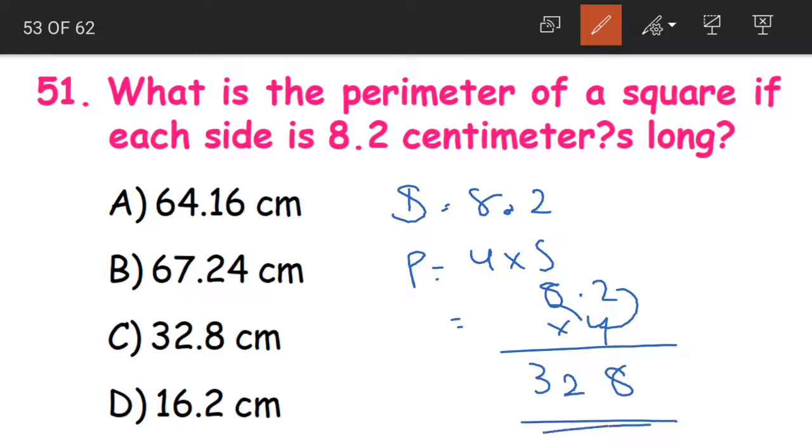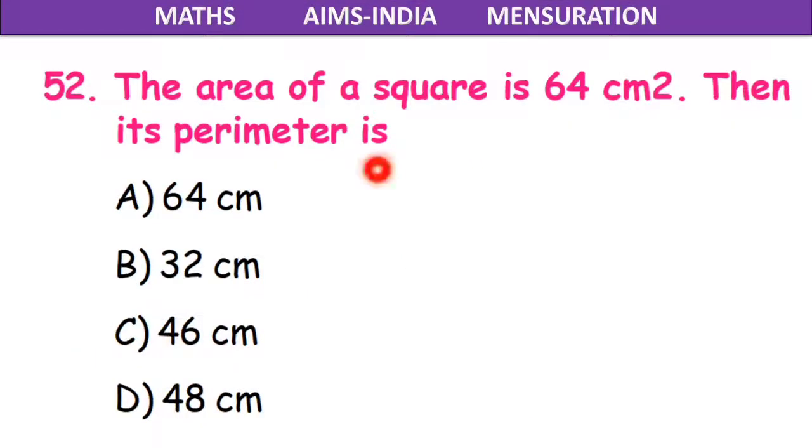Now what should we do, children? We are having a decimal point after one digit from the right. So after one digit from the right, in the product we'll place our decimal point. 32.8 centimeters becomes the perimeter of the given square. That is option C. Next question 52.